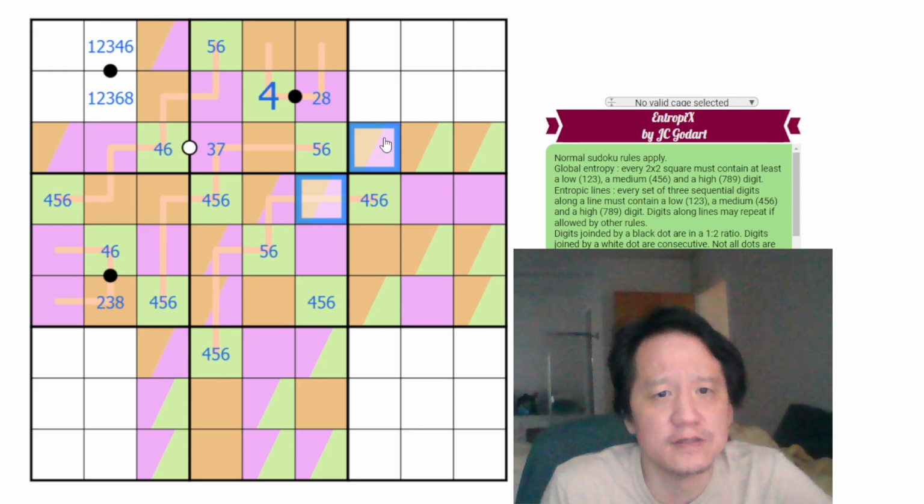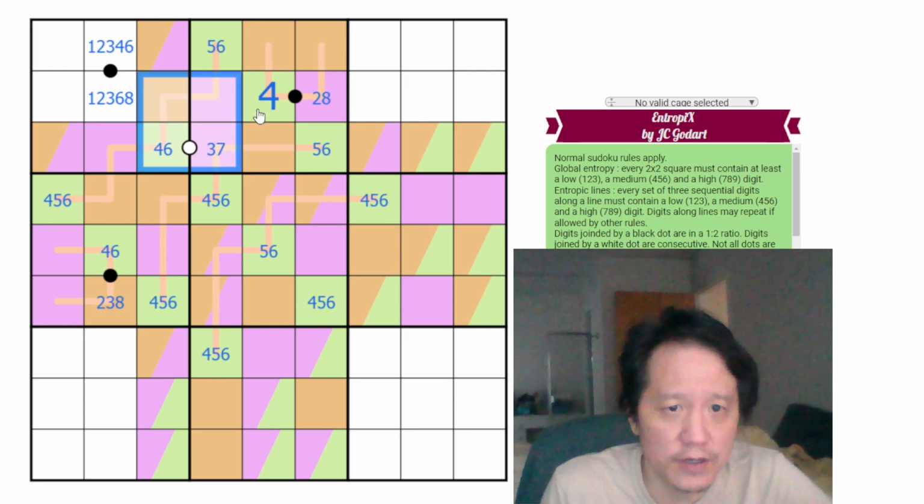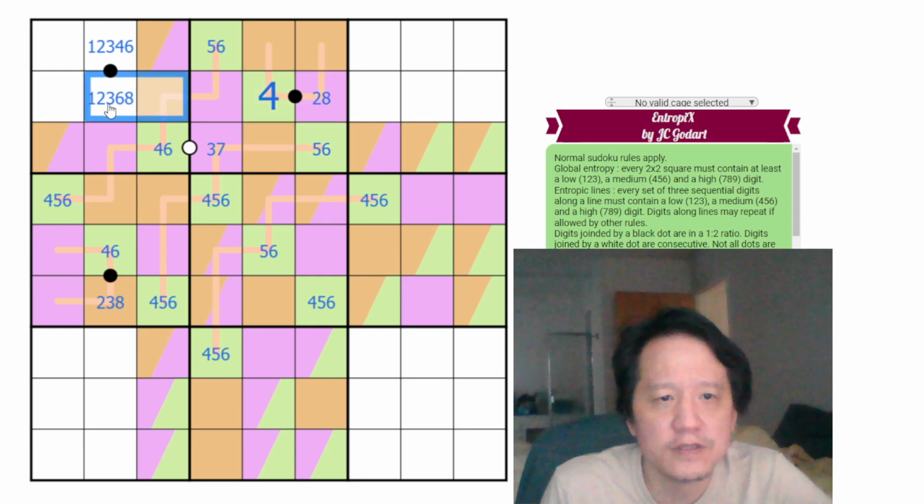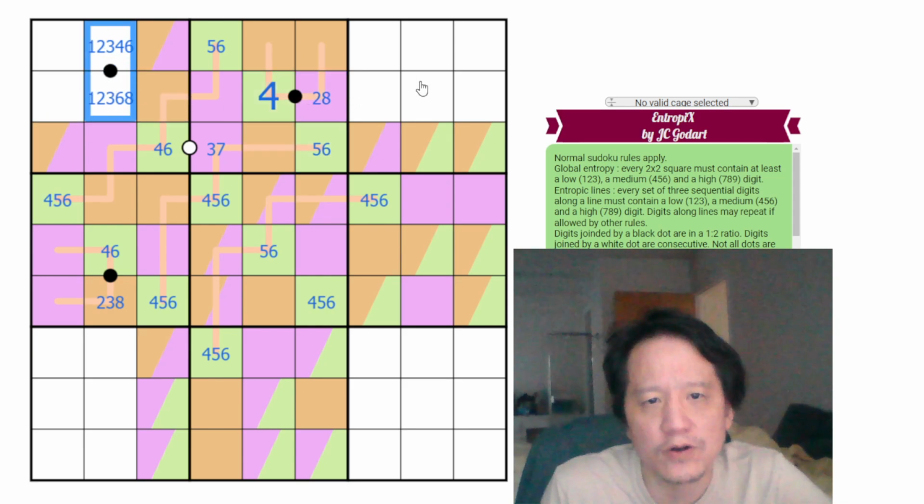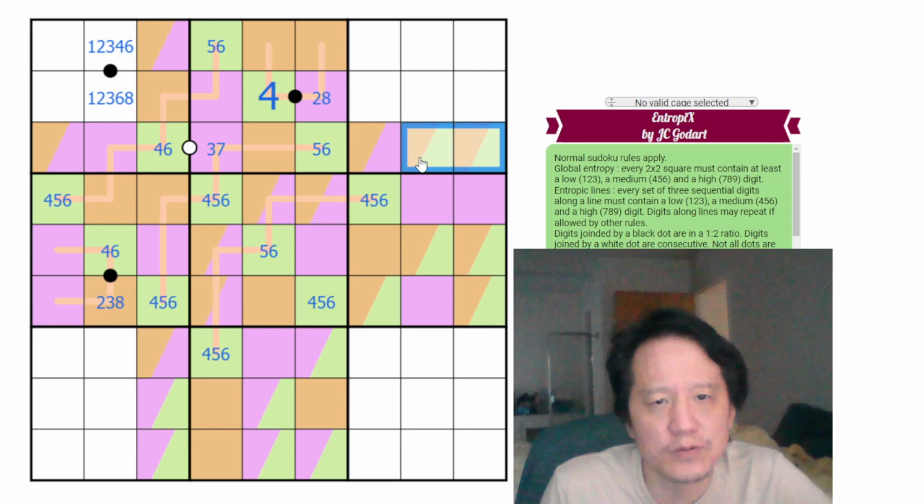These have to be opposite colors. These have all three colors. There's a green here. This says all three colors. This has all three colors.